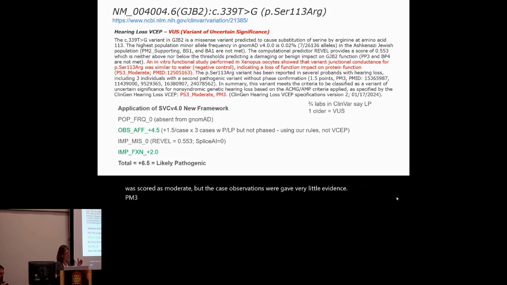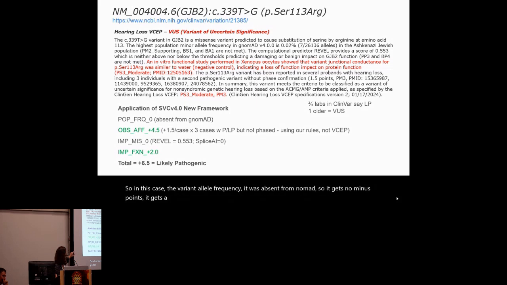PM3 was the level. In the new framework, you'll see pop freq, that's the absence from gnomAD. Population frequency always scores either 0 or minus. You never get a plus value. That goes back to my comment about PM2 being gone. So in this case, the variant was absent from gnomAD, so it gets no minus points.